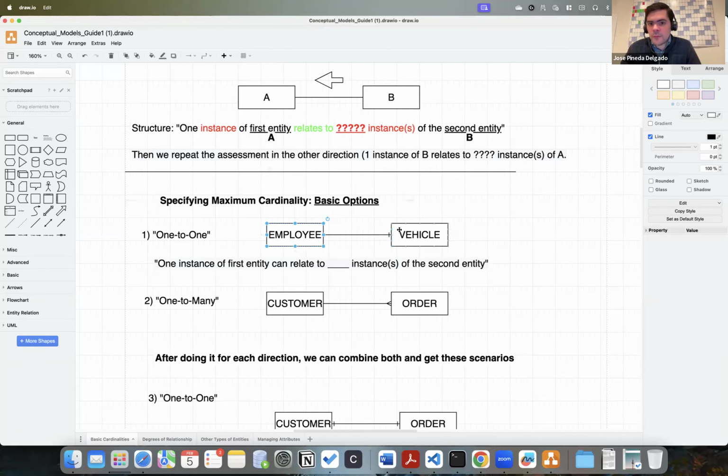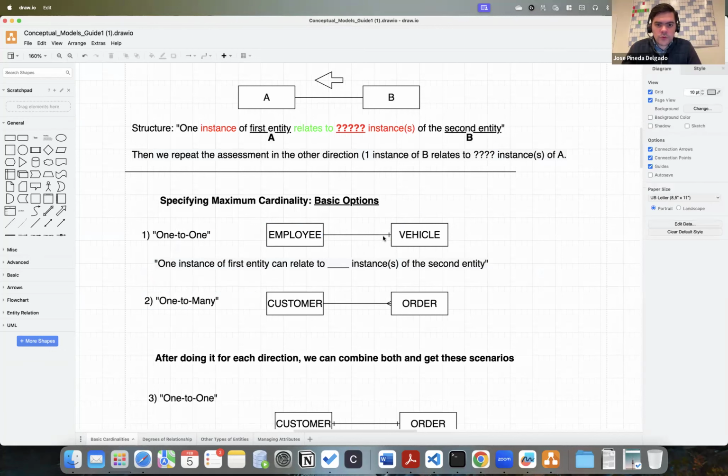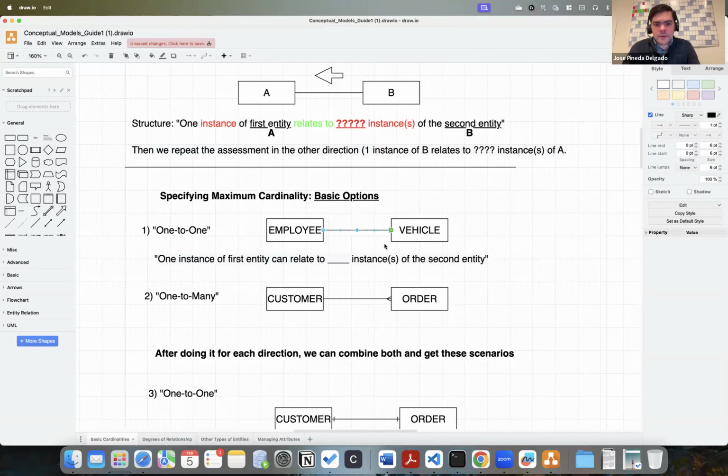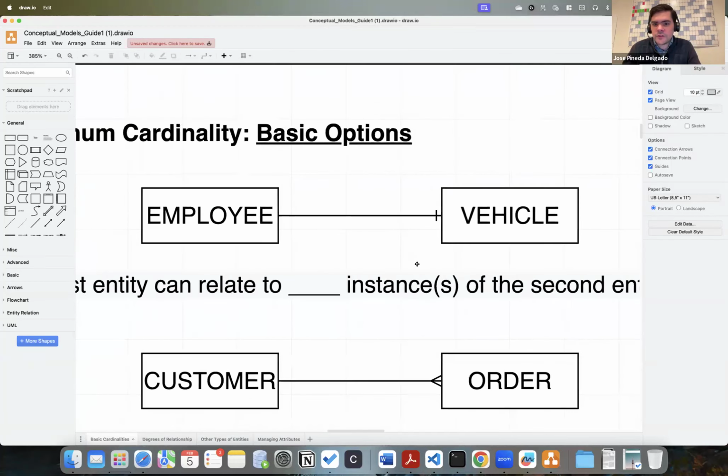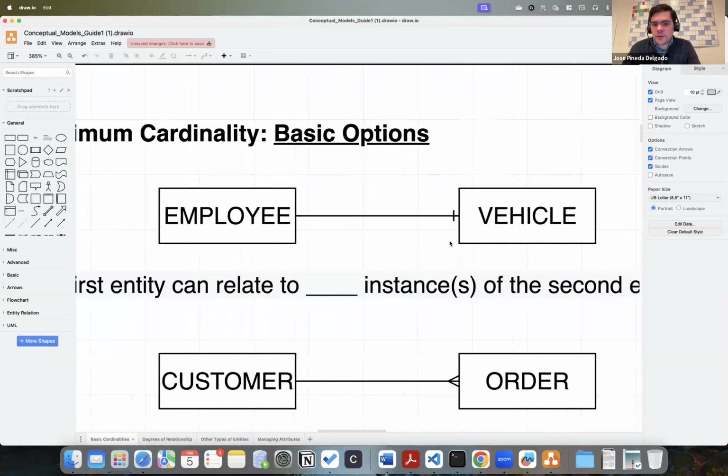One employee can only enroll one and only one vehicle in the parking pass. But if there is a possibility of one employee enrolling more than one, then we switch to one-to-many. And we will say something like an employee can register one or multiple vehicles in the parking permit. And when we have a one-to-one, we use a line with a perpendicular line crossing it over to indicate that relationship, that is maximum one connection.